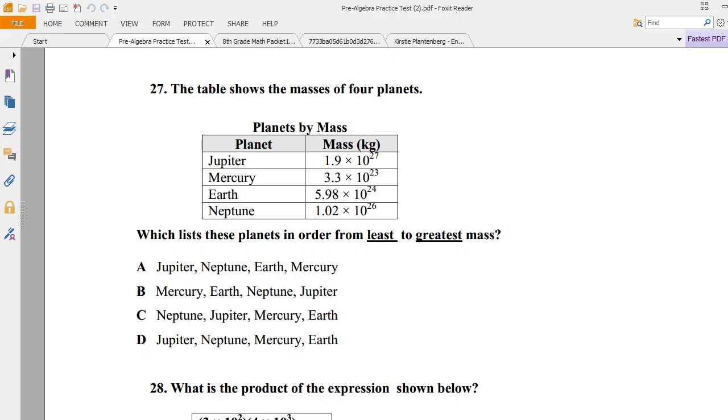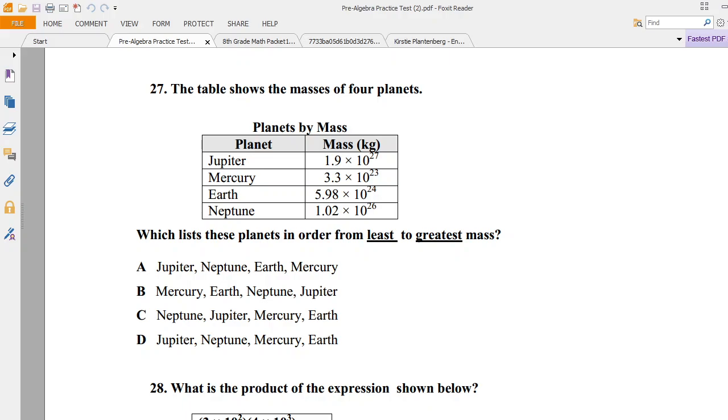Okay, the table shows the mass of 4 planets. Jupiter, 1.9 times 10 raised to 27. Mercury, 3.3 times 10 raised to 23.